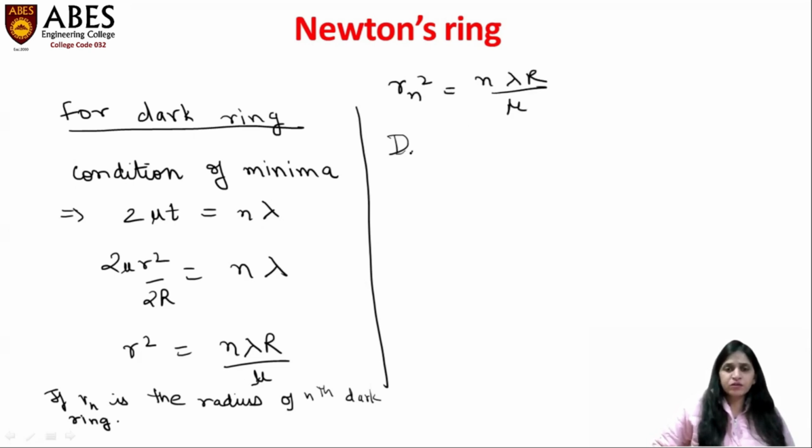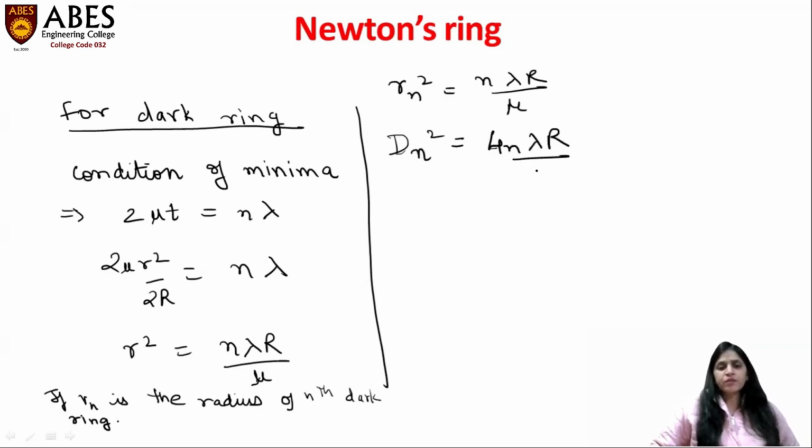And from here we know the diameter can be written as Dn square is equal to... what is Rn? How can we write Rn in terms of Dn? Dn by 2, right? So Dn square will be 4n lambda R upon mu, or Dn will be equal to under root 4n lambda R upon mu.